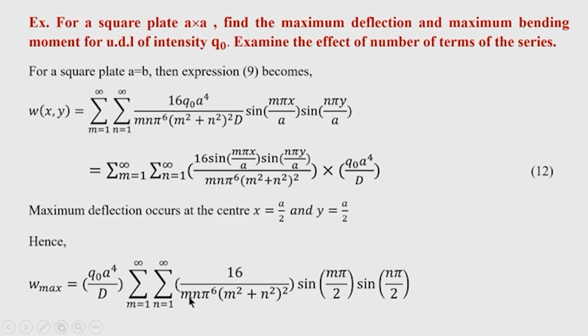Here m and n are odd integers, because we have seen that even integers have no contribution towards the solution for the deflection in case of a simply supported plate subjected to uniformly distributed load.